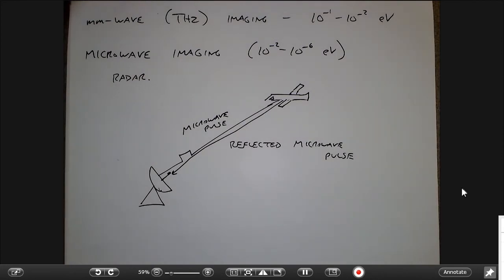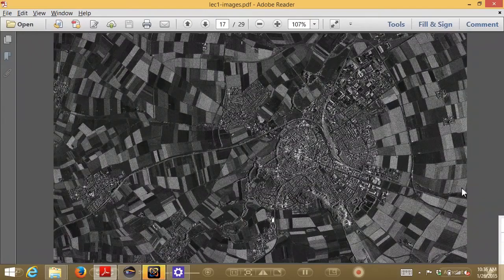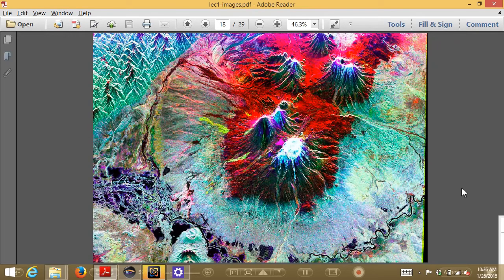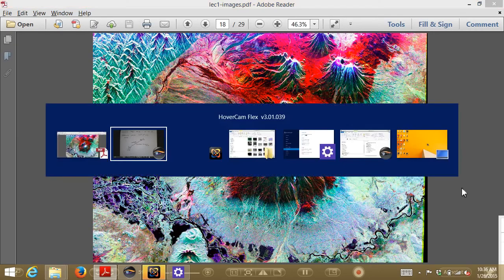But certainly you can point a radar imaging system down and get terrain models. If you've heard of synthetic aperture radar, this is that kind of thing. So you can get these very nice detailed terrain models. Again, this is a pseudo-color image of a radar image looking at the ground. Okay. So then we come to radio band imaging.